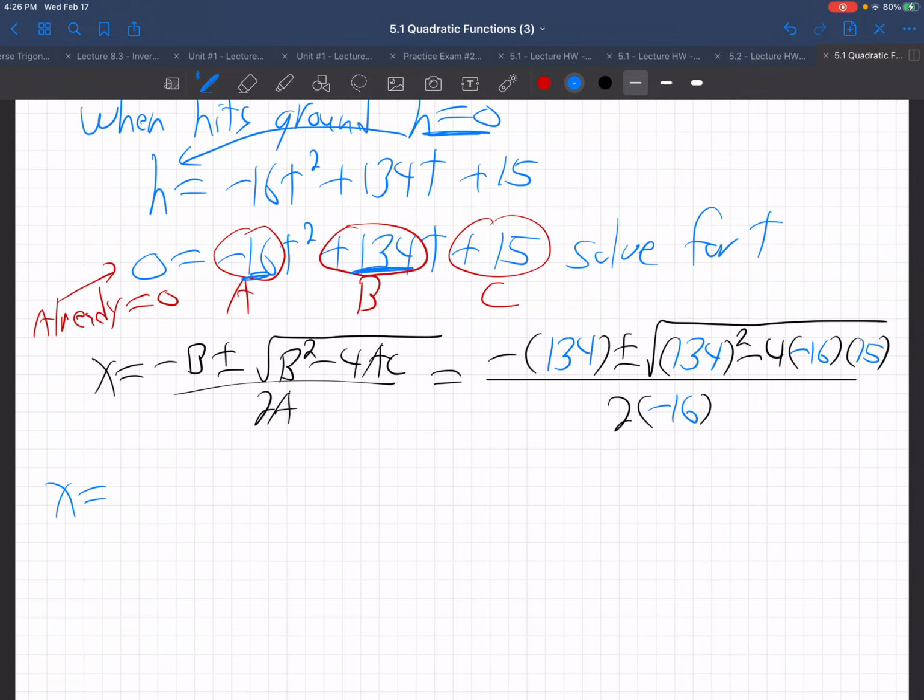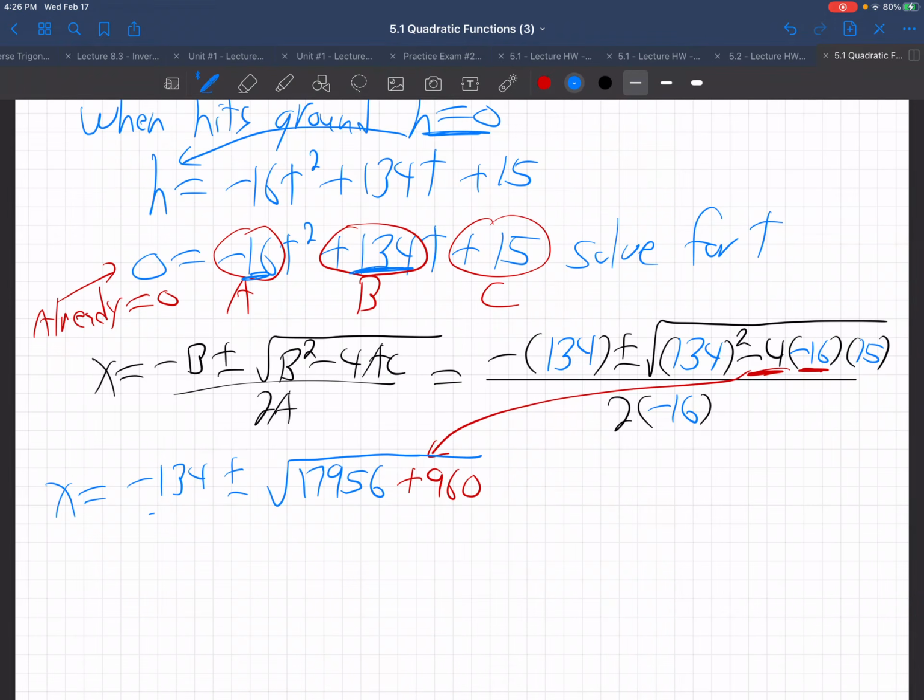Okay, so what does that give us? Minus 134 plus or minus the square root of 134 to the second power, which is 17,956. Now watch the sign here. Negative, negative: two negatives, so it's going to be positive. And 4 times 16 times 15, I'm getting 960.